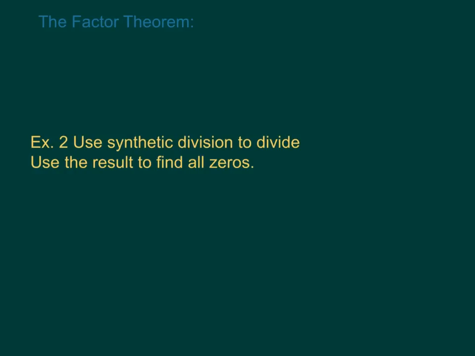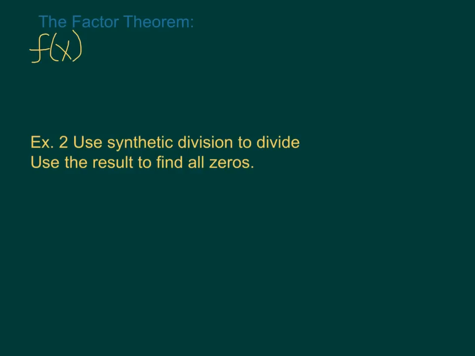The factor theorem. According to the factor theorem, when you have a polynomial, you're still going to use synthetic division. And let's just say we have this polynomial f of x.